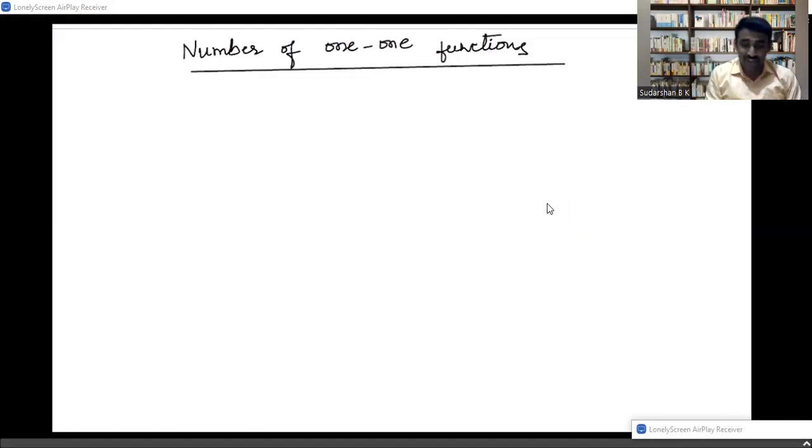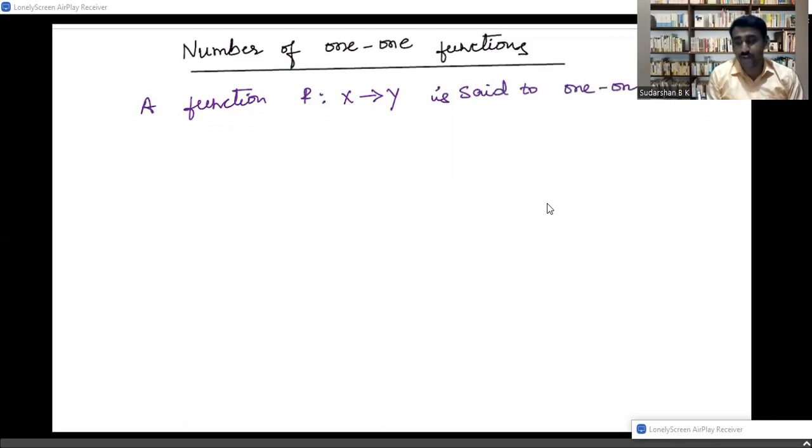So, a one-to-one function is a function f from X to Y that is said to be one-to-one if the images of distinct elements of X are distinct.